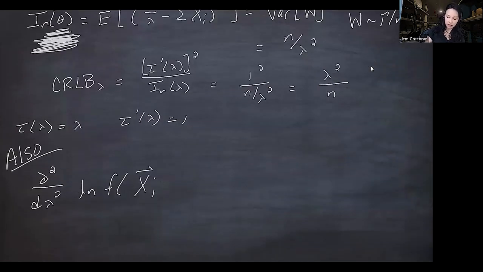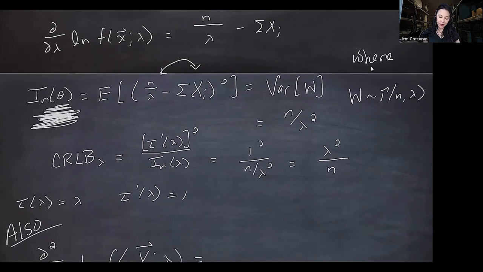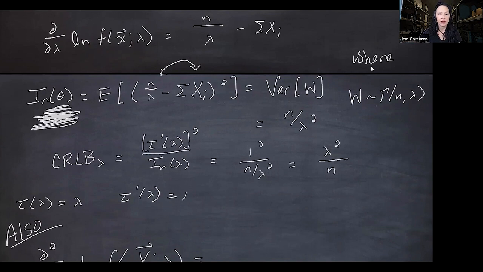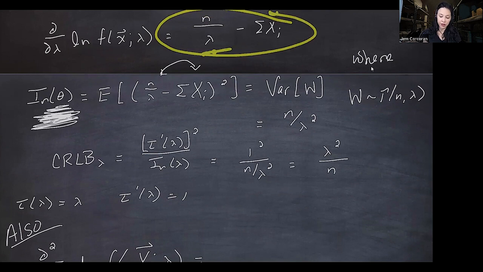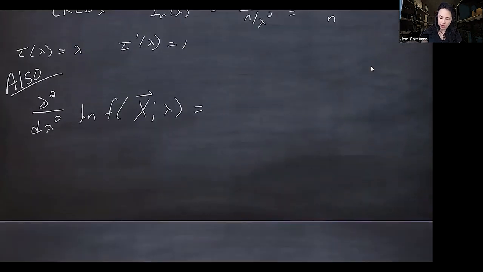And lambda is, so my first derivative is currently at the very top of my screen. And you'll see over here, if I take the derivative again, so I take the derivative of this with respect to lambda, and the sum of the x's is constant and disappears. And here we have essentially a lambda to the -1, so you get negative lambda to the -2. In other words, we get minus n over lambda squared.